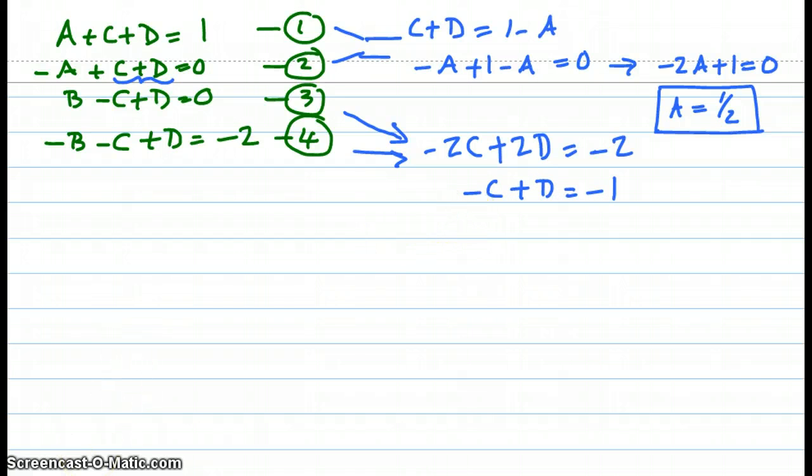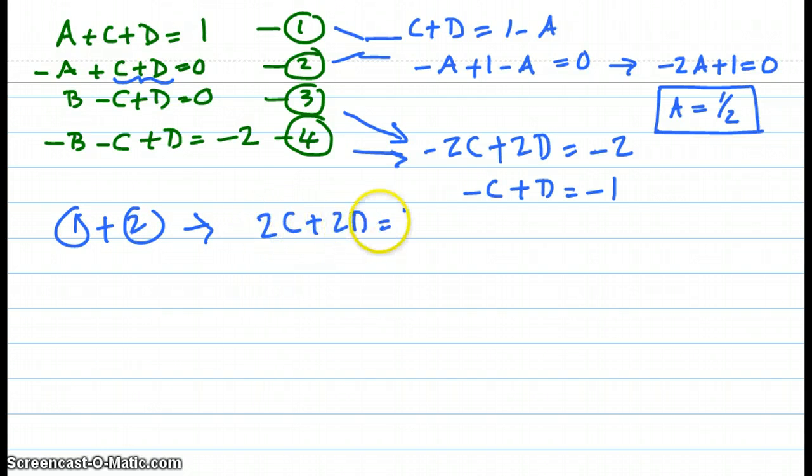Now let me add up equations 1 and 2. That gives me 2c plus 2d equals 1, or c plus d equals 1/2.